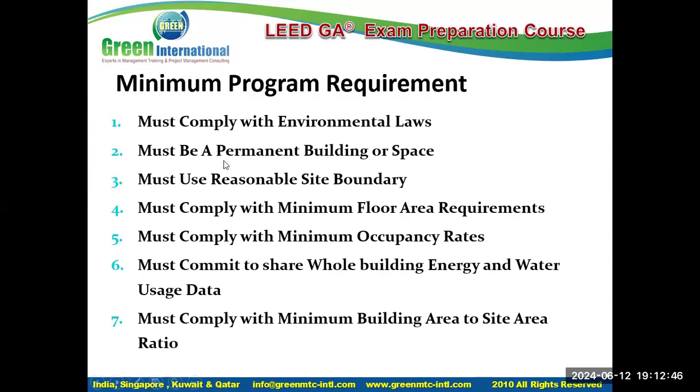It should be a permanent building, no caravan or mobile shelter. It is not eligible. Must have a reasonable site boundary. Must comply with the minimum floor area requirement. Must comply with the minimum occupancy rates. Must commit to share your building energy and water usage data. Must comply with the building area to site area ratio.